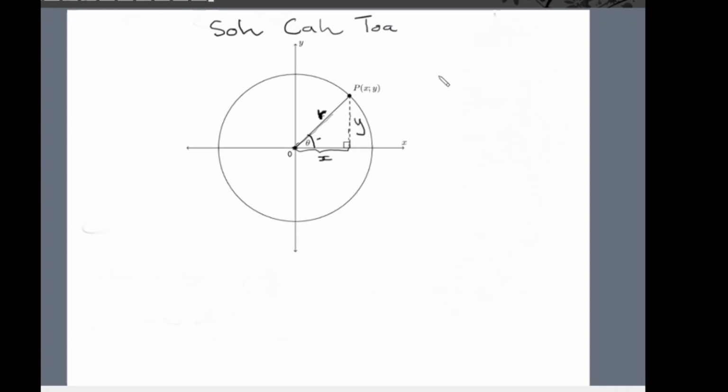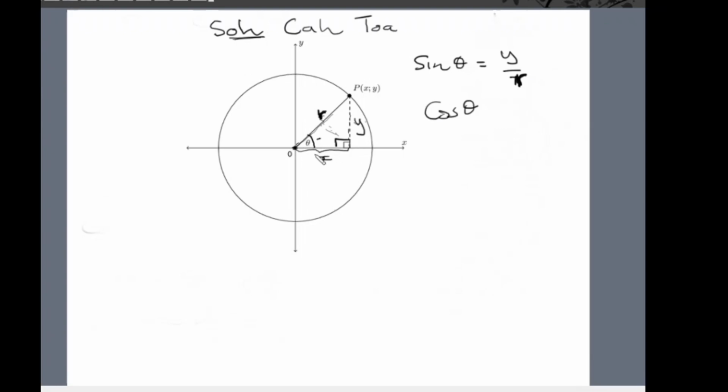Okay, so now if you say sine theta, we know that sine is opposite over hypotenuse. In this case, the hypotenuse is r, and the opposite side is y. So sine theta will be y over r. Opposite over hypotenuse, y over r. Cos theta is adjacent over hypotenuse.